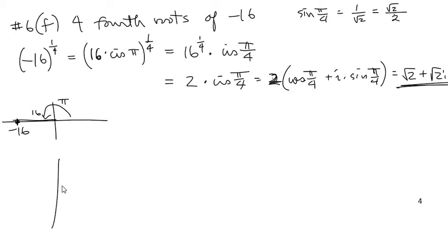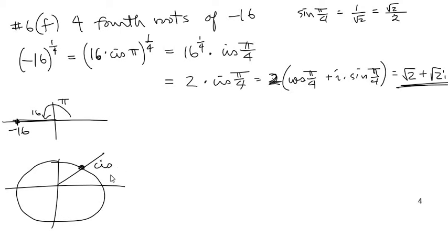Now, where are the others? Well, the others are going to be equally spaced. I know that's a terrible circle, right? They're going to be equally spaced around the circle. And the circle is going to have a radius of 2, right? That's the modulus of this number. And so one of the answers is 2 cis pi over 4. What if we equally space 3 others?